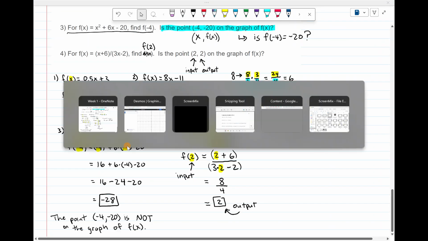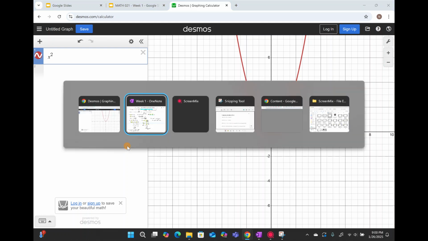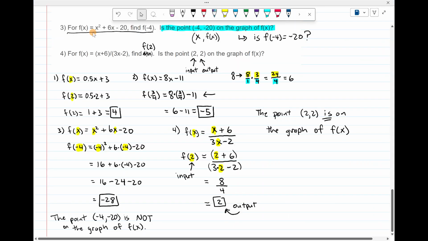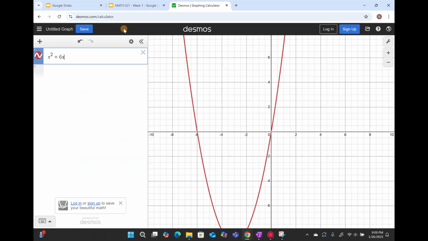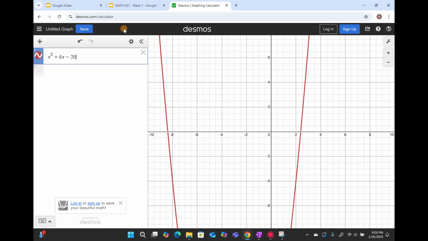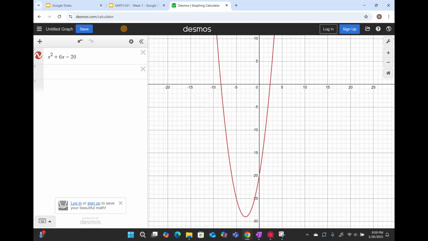And we're going to enter x squared plus 6x minus 20, which was f of x in number 3. So there's my graph. I'm going to zoom out a little bit so we can see it. That's what that graph looks like.